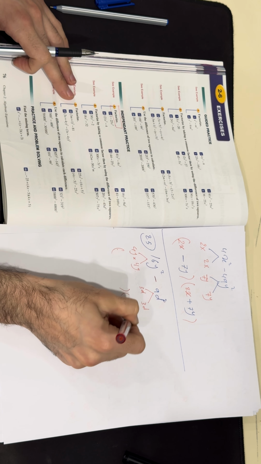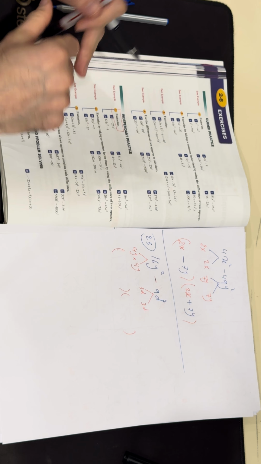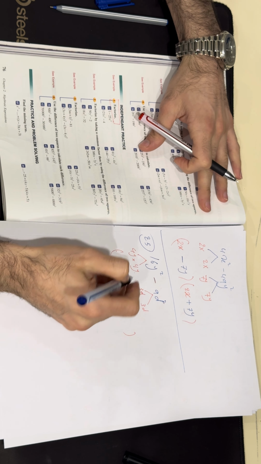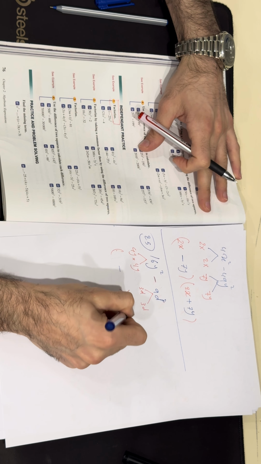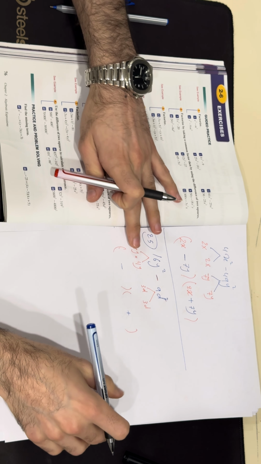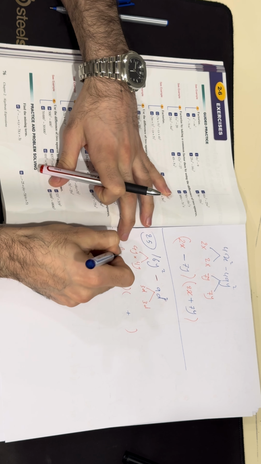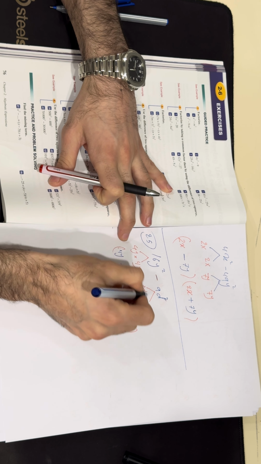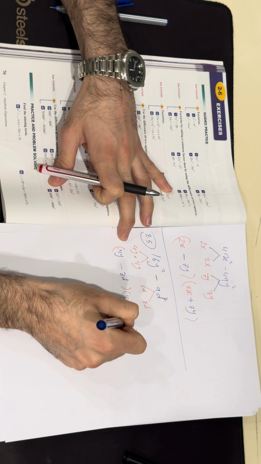Do I have minus between them? Yes. So in this case I can change it to difference between two squares. We said minus plus or plus minus, it's your option. In the first one you must write 4y because 4y came first, then 3d.